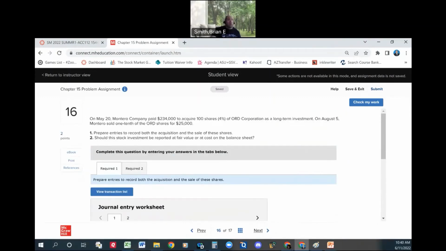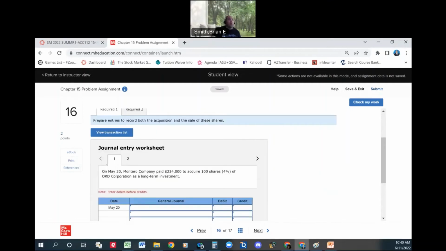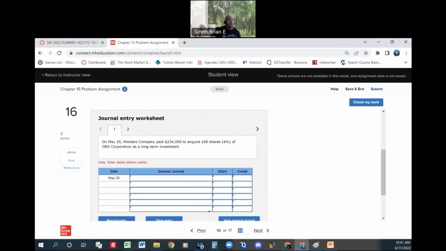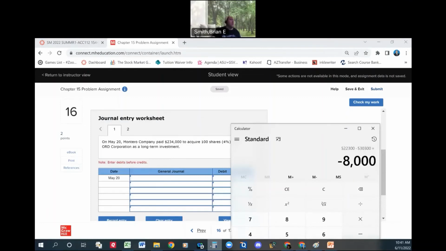Let's look at this. So we're buying 100 shares, which is 4% of Ord Company. So this is basically an insignificant influence. Okay. So we purchased, wow, that's a lot per share. 100 shares. Oh, I've got to find out what this is per share. That's $2,340 a share.